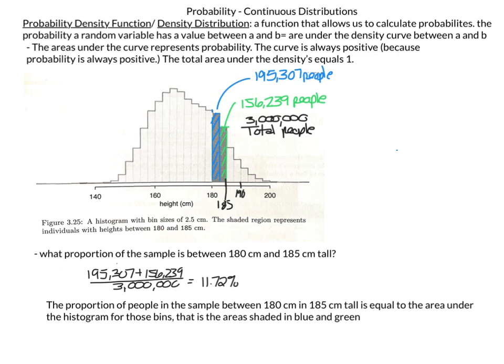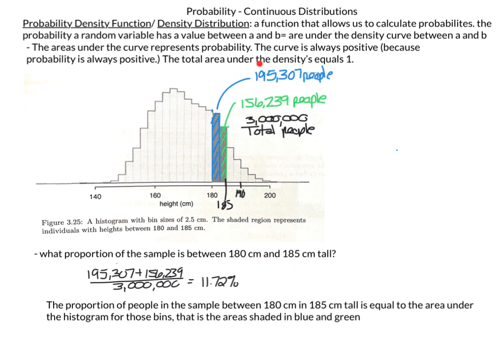We have some additional data. This blue shaded region represents 195,307 people. This green shaded region represents 156,239 people. And there's a total in this whole histogram of 3 million people. So what proportion of the sample is between 180 centimeters and 185 centimeters tall?